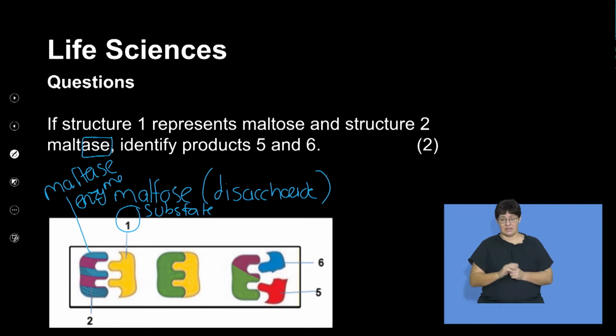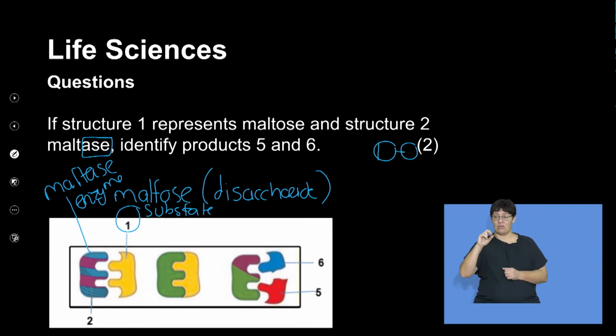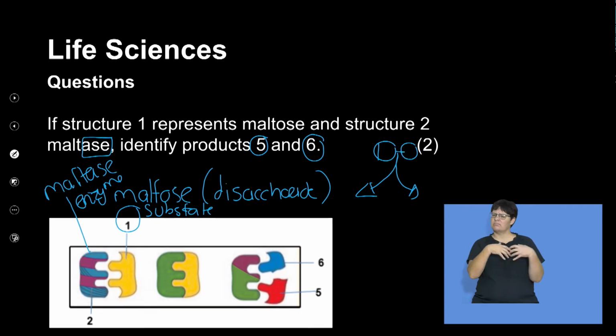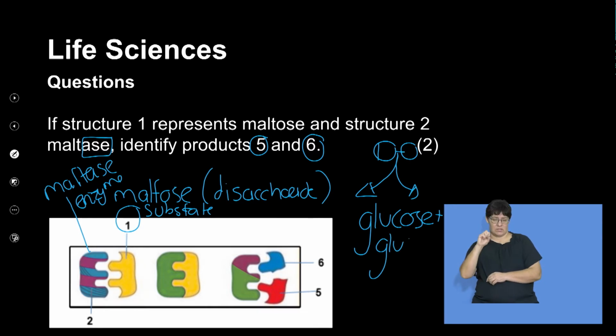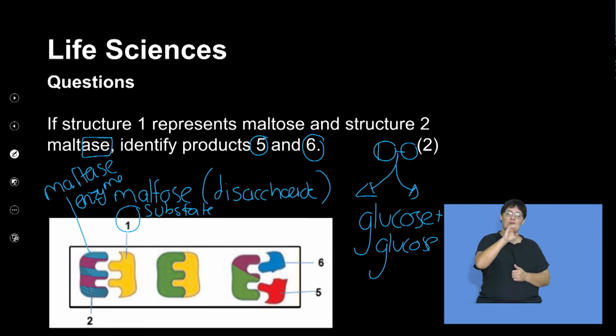Right, so it asks you, identify products 5 and 6. So maltose is a disaccharide. It's made up of 2 monosaccharides. This enzyme is going to split it into its 2 monomers. So what is maltose made up of? What are products 5 and 6? Guys, they are both glucose plus glucose. Go back to what maltose is.